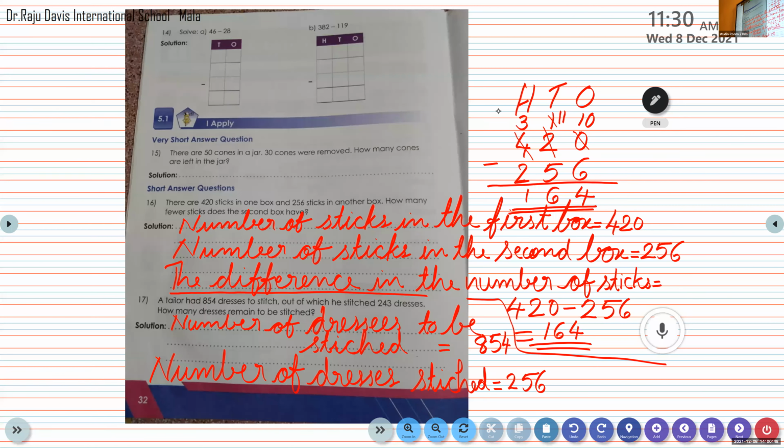Number of dresses stitched equal to how many? Yes, 243 it is. Smriti, are you writing? Yes, I have completed.